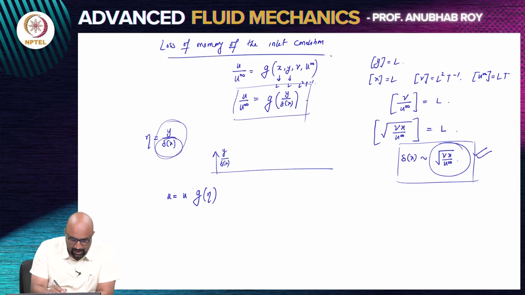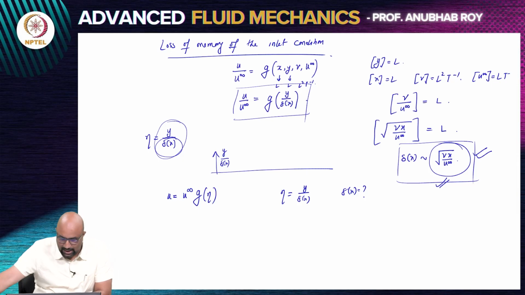So, you will have small u is u infinity g of eta, where eta is y by delta of x. This delta of x right now is unknown. You already know from a dimensional argument what delta of x should be, and we will come back to this clue later, but right now we do not know what delta of x is. It is something that depends on all the variables.